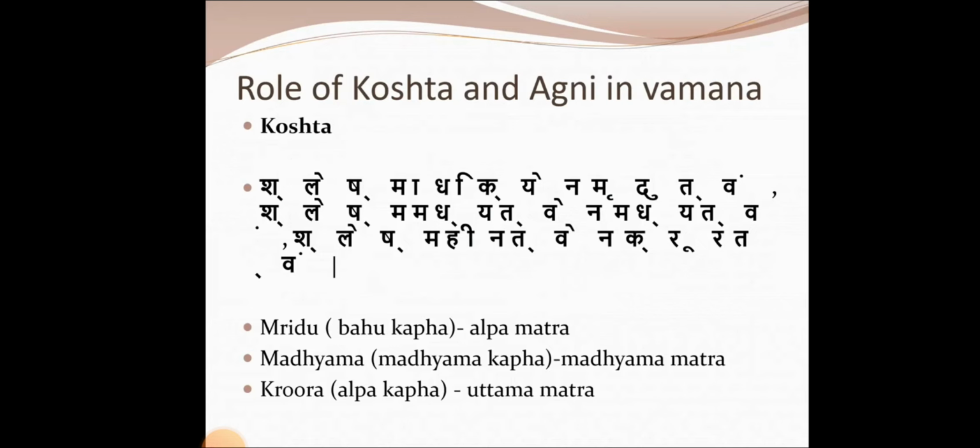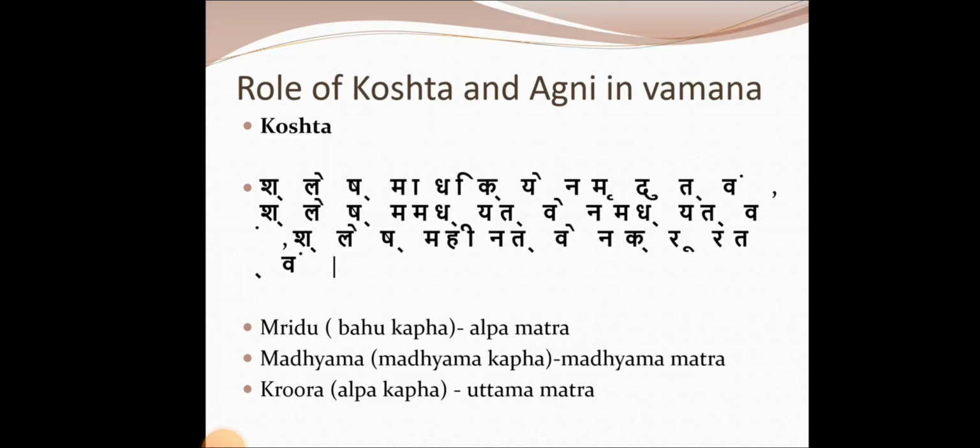In Bahu Kapha Avastha, that is Mridu Koshta, Alpa Matra is mentioned; in Mathyama Koshta, that is Mathyama Kapha, Mathyama Matra is mentioned; and in Krura Koshta, Alpa Kapha is there and Uttama Matra is mentioned by Arunadatta.